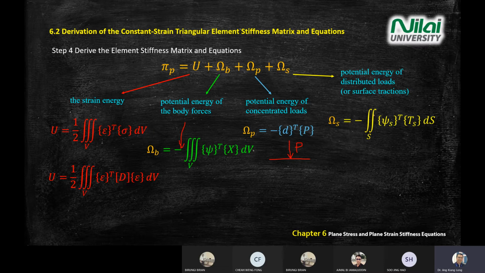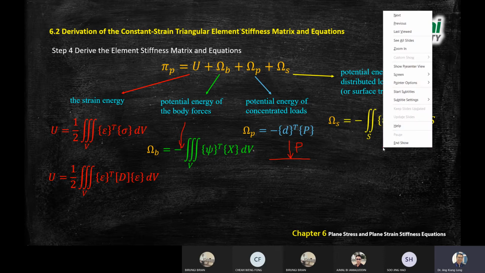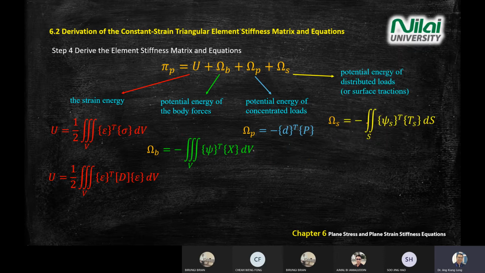You have two integrations, means you integrate x and y. Then you get the displacement transpose times the displacement times the area. So you have the colors that you see on the screen here: red color, green color, blue color, and yellow color. Next, you'll see the combination of these four.